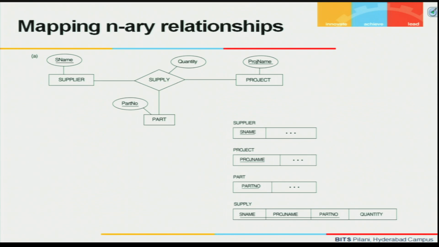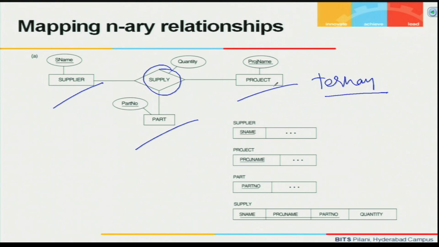In this example, it is a ternary relationship because the number of different entity types involved in the relationship, that is supply, is 3: one is supplier, second one is part, and the third entity type is the project. So that is why it is a ternary relationship. If you carefully observe, there is an attribute called SName which is a key for the supplier, part number is the key for part, and then project name is the key for the project entity type.